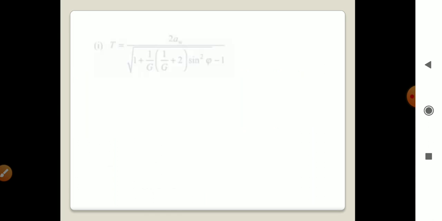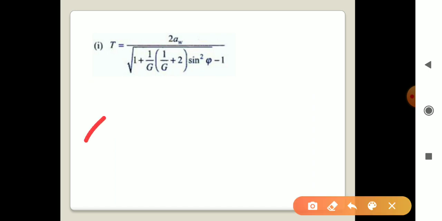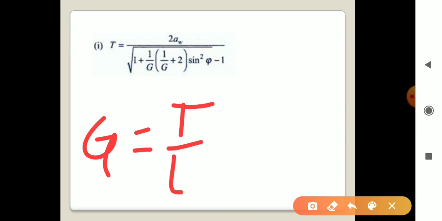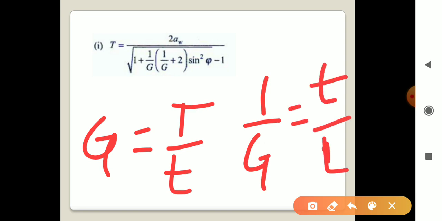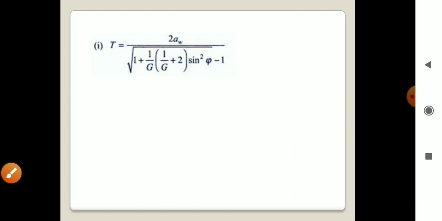Now see here, first thing is that we know the formula, that is capital T is equal to 2 times Aw divided by root of 1 plus 1 divided by G, that is small t divided by capital T, into bracket. We know that G is equal to capital T divided by small t. So in this formula, 1 divided by G is equal to small t divided by capital T, so instead of this we can write 1 divided by G. Now next is root of 1 divided by G plus 2 into sine square of phi, minus 1.